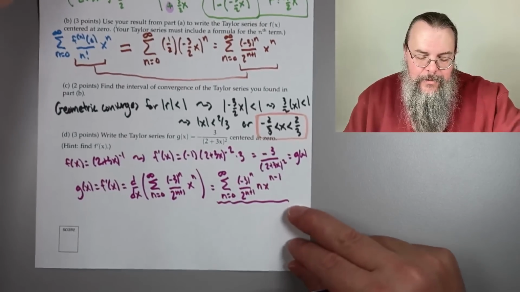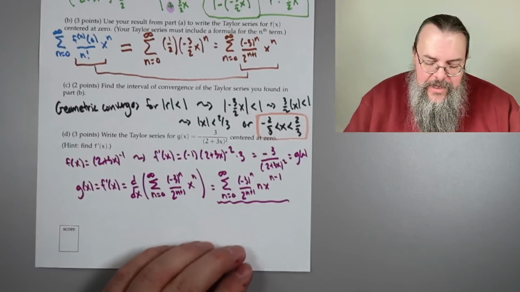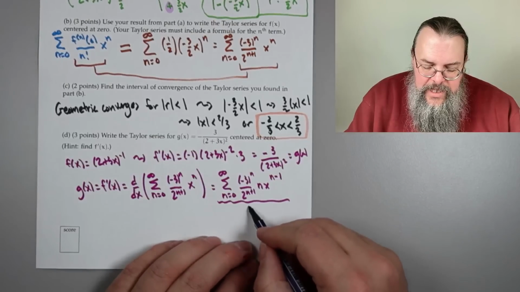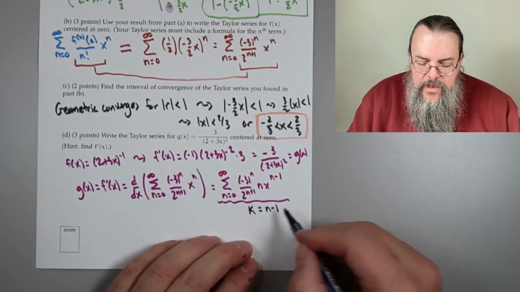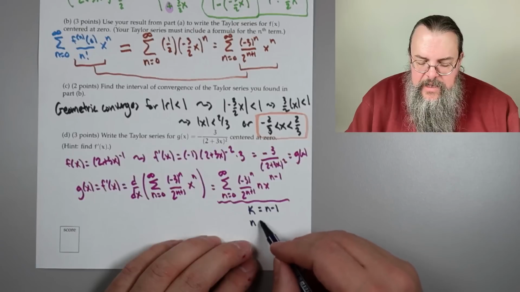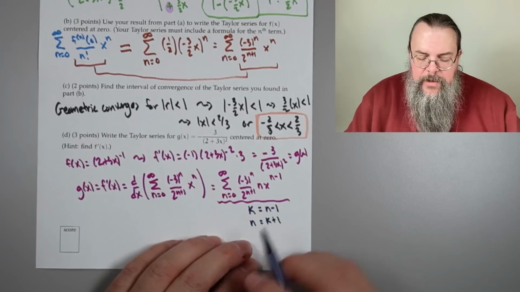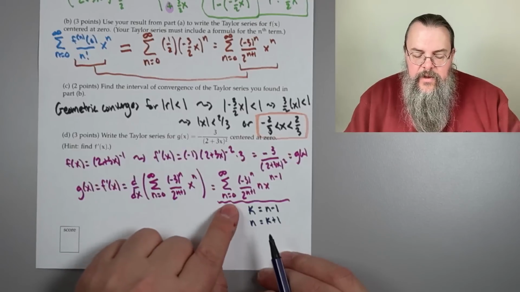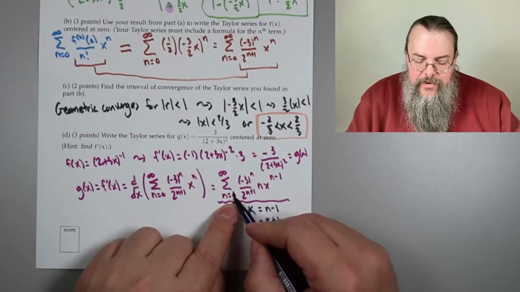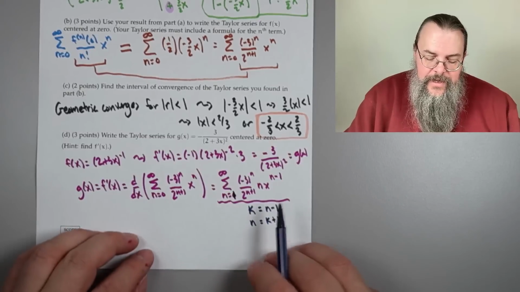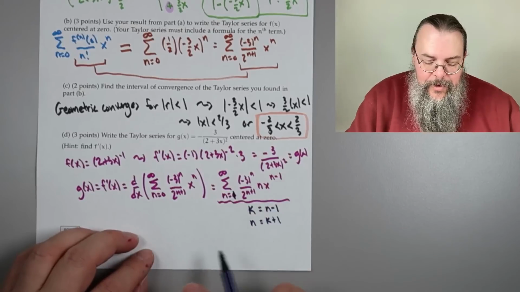So we're going to do one more small thing, which is we'll reindex. I'm going to let k equal n minus 1, which is the same as saying n is equal to k plus 1. Now notice here at n equals 0, you get 0, so we really are starting our new sum at 1 because the 0th term drops out.